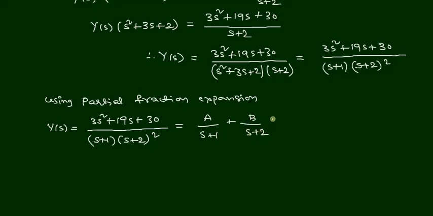There are repeated poles here, so we can take one more term, C divided by (s + 2)².